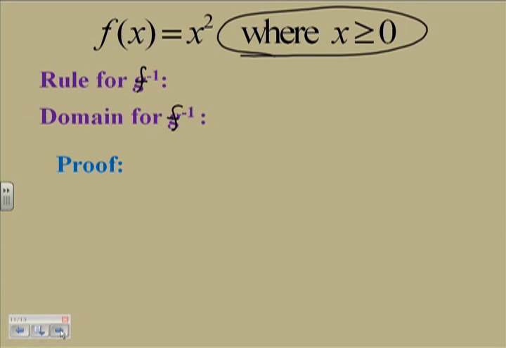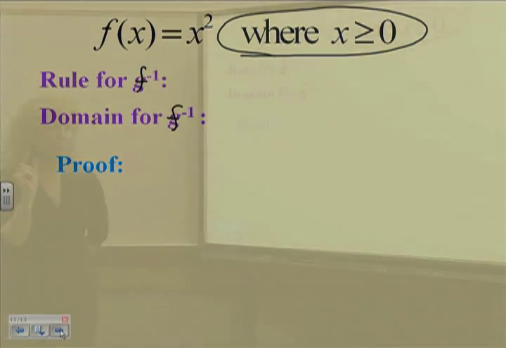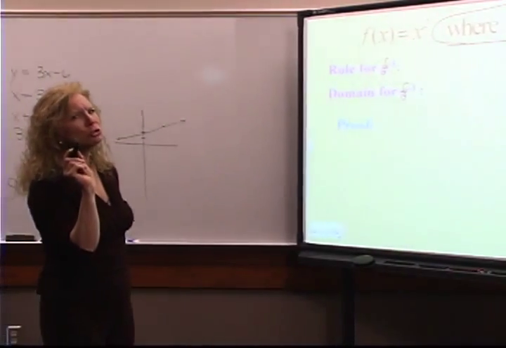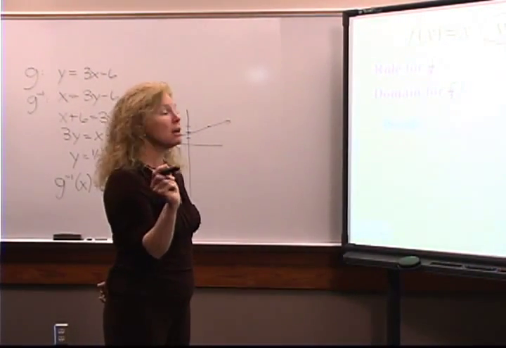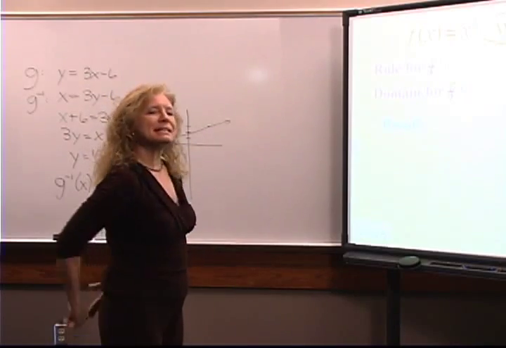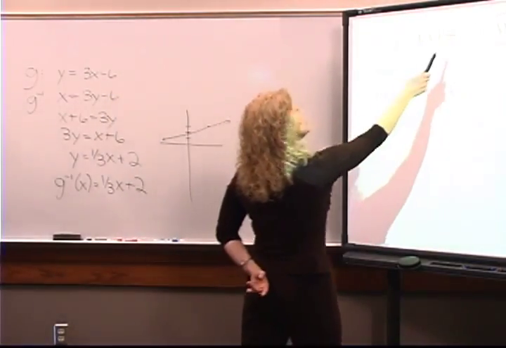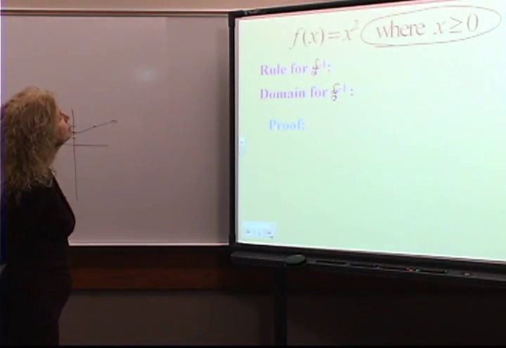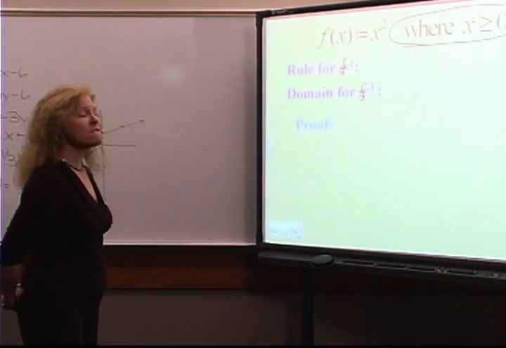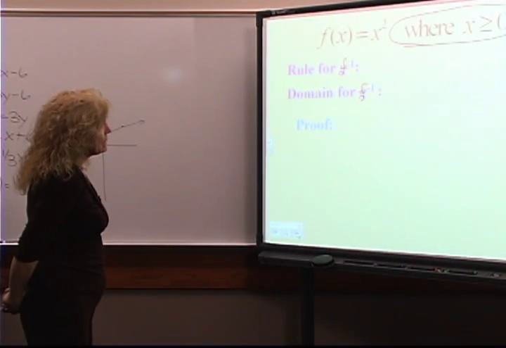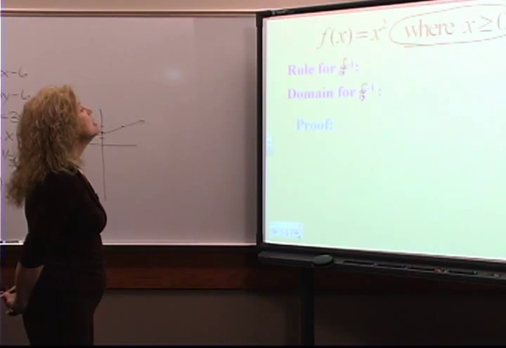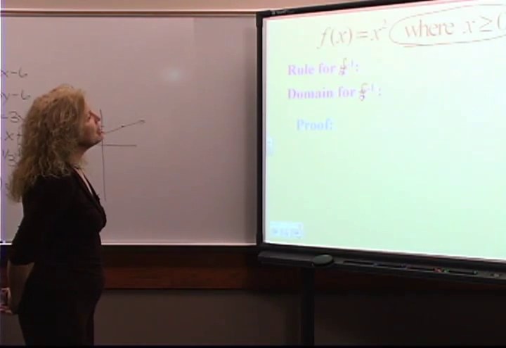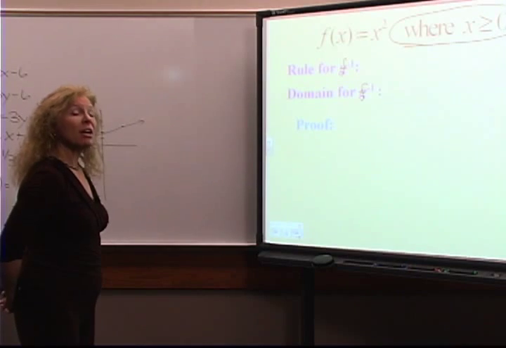Okay. You know what? Let's find that domain first because remember I told you, don't you find the rule first. What I want to do is think. What is the range of f? And that means what kind of numbers are coming out of f? Well, I can get 0 and I can get positives, so I can get anything 0 and bigger.